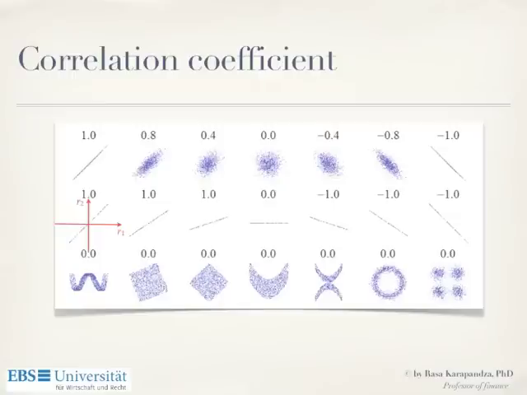Let's observe this example over here where I draw this coordinate system. So what do these blue points mean? These blue points mean, if on the x-axis we have returns of stock 1 and on the y-axis we have returns of stock 2, then in this case, when the correlation coefficient is 1, it means if R1, for example, is positive, then we can say with certainty that R2 is going to be positive as well.